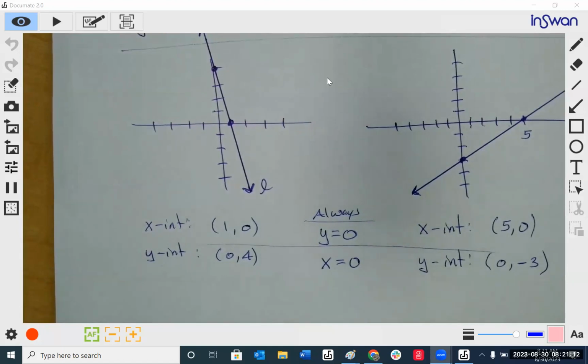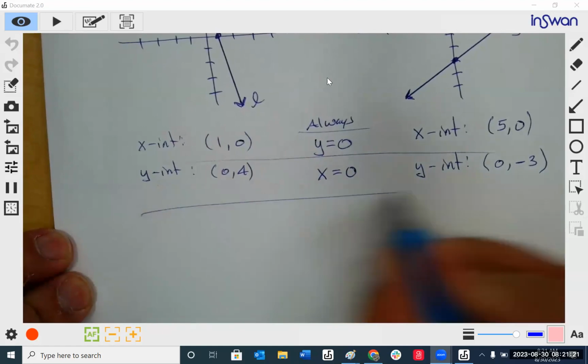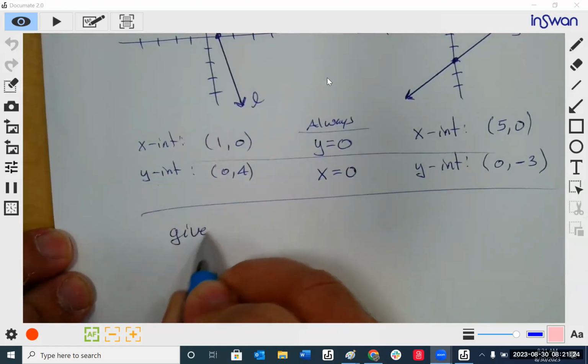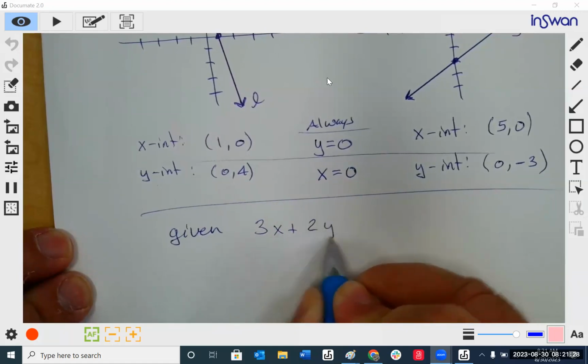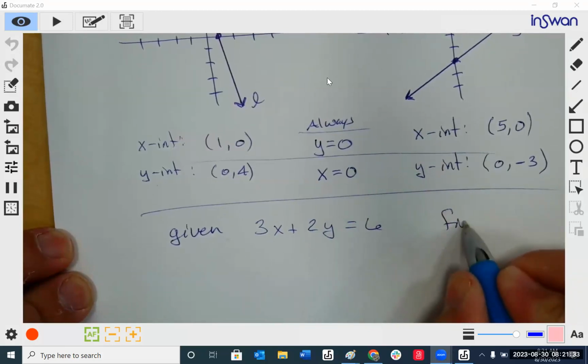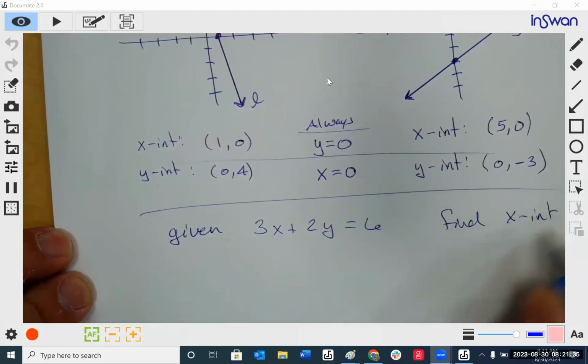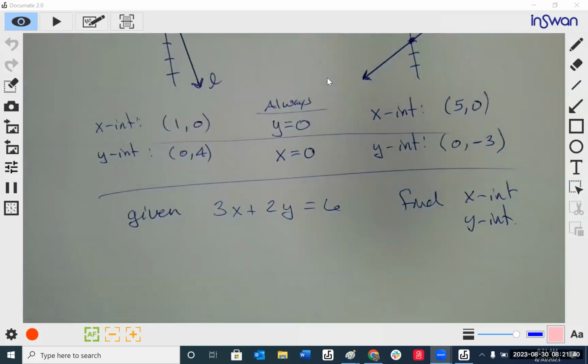You see that? This is important because this will help us find them if I give you an equation. Given this equation, 3x + 2y = 6, find me the x-intercept and the y-intercept.